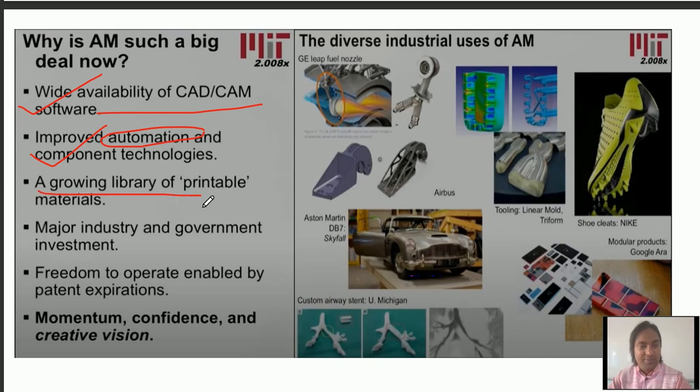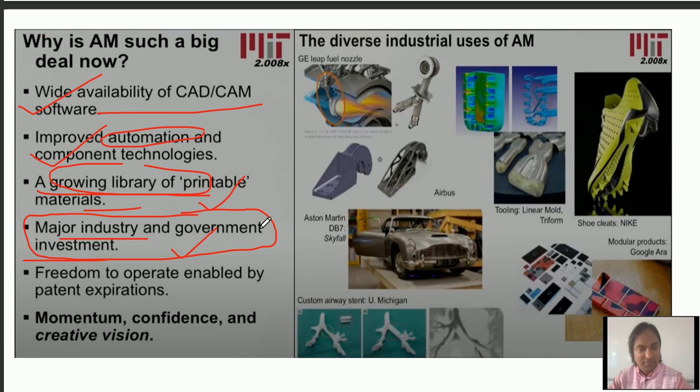Growing library of printable materials, it is growing. So still at present materials are limited, but it is growing. We are including more material day by day. Major industry and government investment, because there is a less amount of material involved and it is very quick.